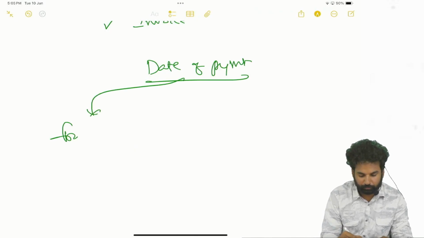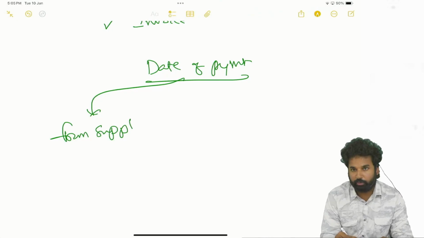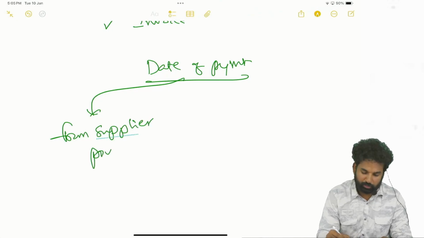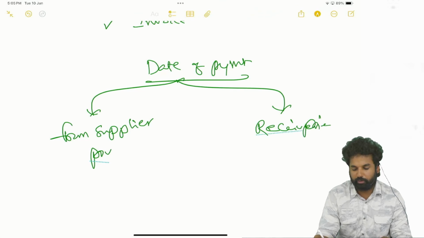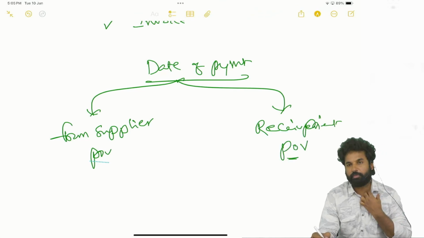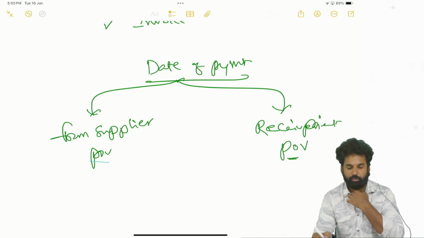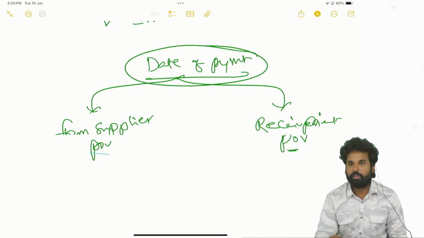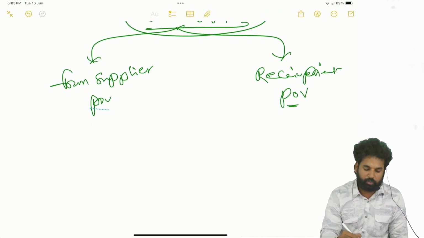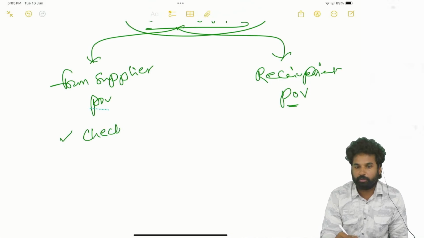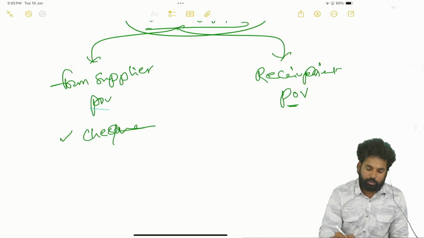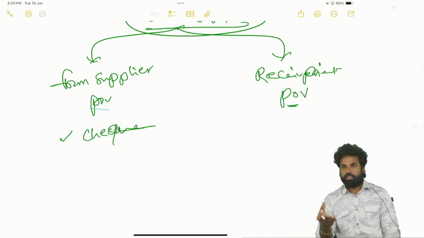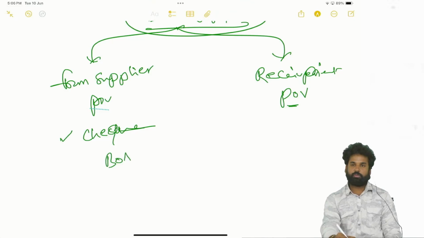Date of payment, from the supplier point of view and from the recipient point of view. So date of payment means you will issue a check. Upon issuing the check, just like a BRS, you will enter it in your books of accounts.